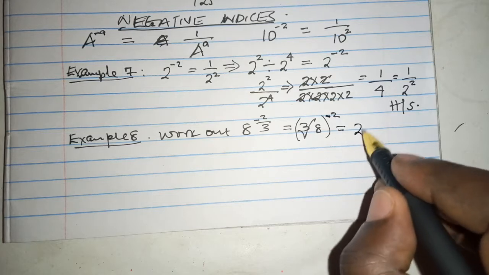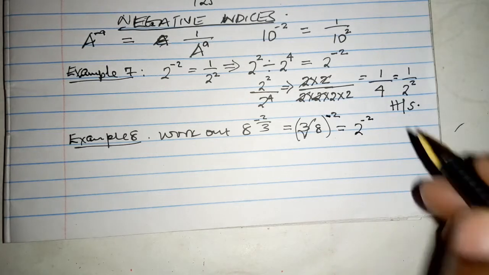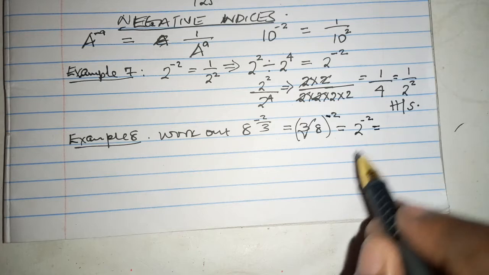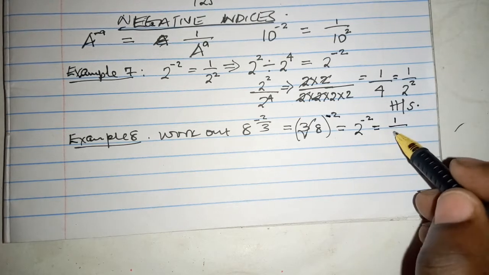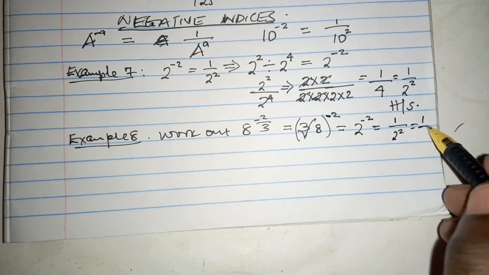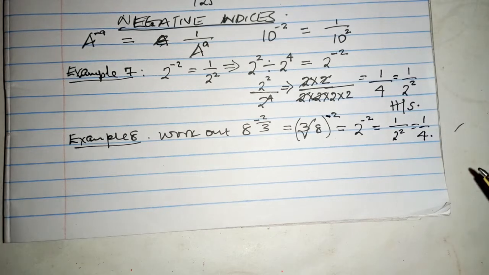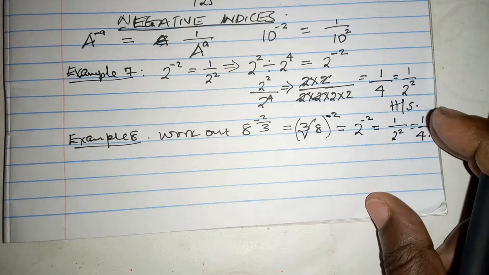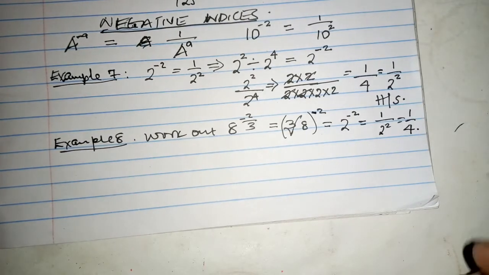So this is 2 raised to power minus 2, which is 1 over 2 squared, which is 1 over 4. It's simply a quarter. That is the end of the story for that one.